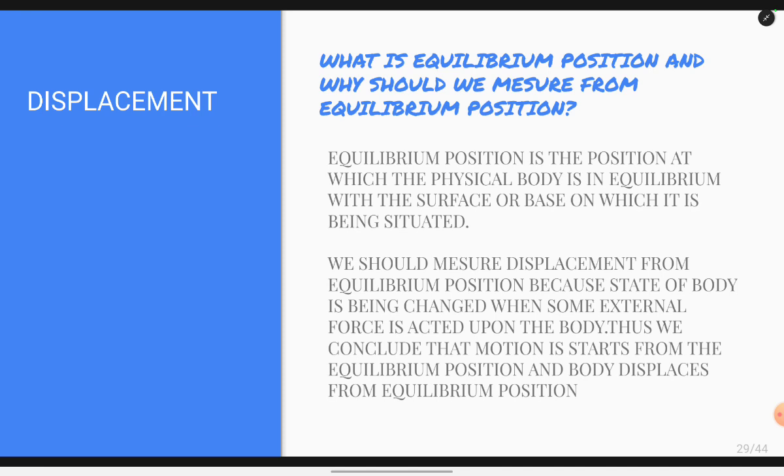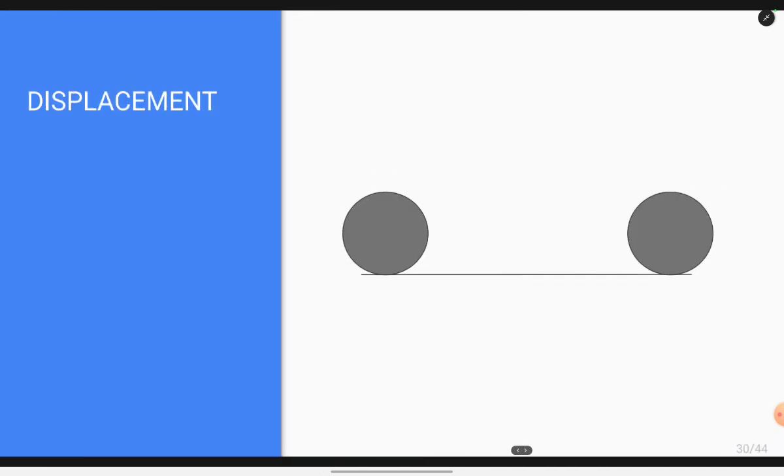So the rest position is termed here as equilibrium position. We should measure displacement from equilibrium position because the state of the body is changed when some external force acts upon the body. So when we apply some external force to a body, then it gets displaced from its original position or mean position or equilibrium position. Thus we conclude that motion starts from the equilibrium position and displacement also starts from the equilibrium position itself.